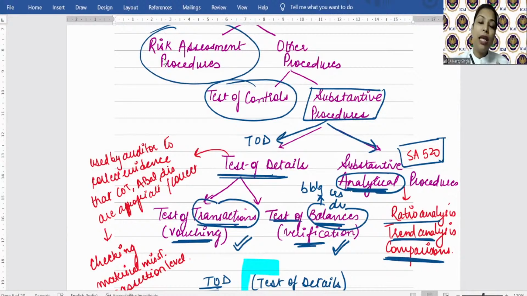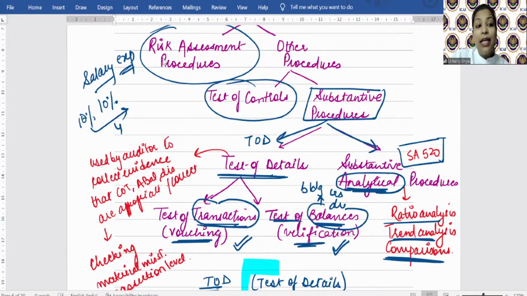For example, say the salary expense of the client, there has been a 10% increase in the salary expense for the last 4 years. But now this year, there has been a 30% increase. So this is something unusual. So auditor will perform additional audit procedures in order to see what is the reason for this, right?